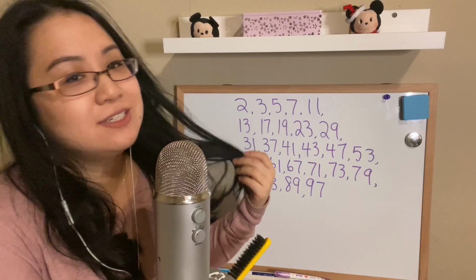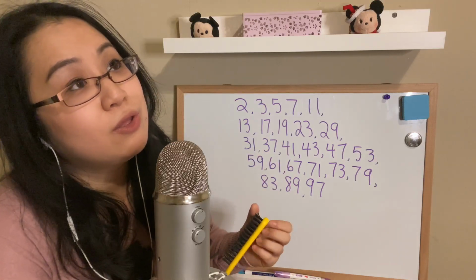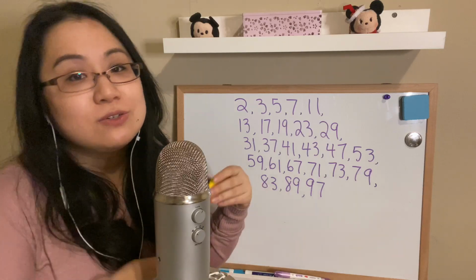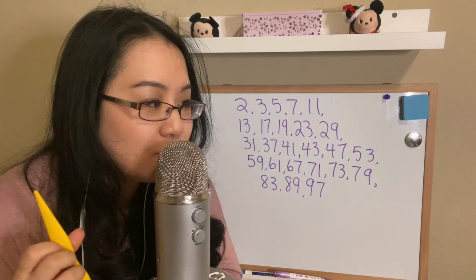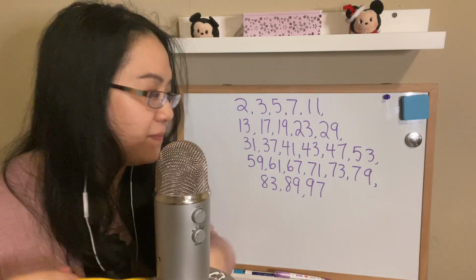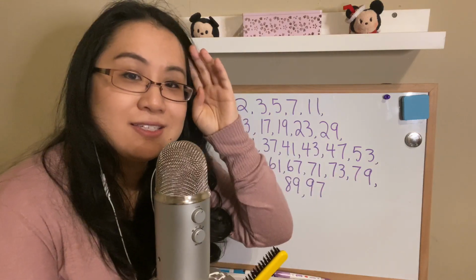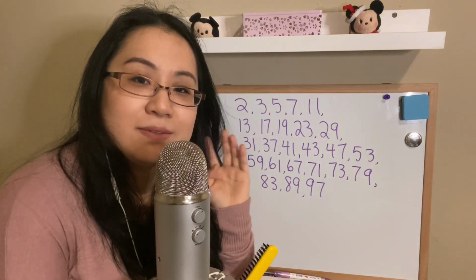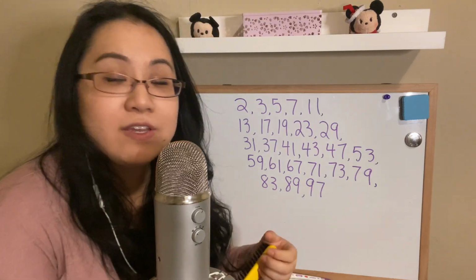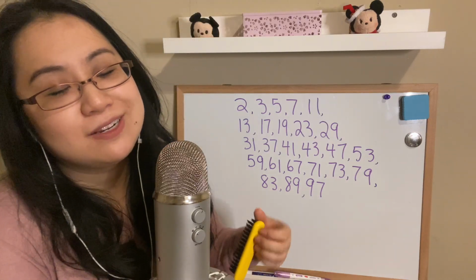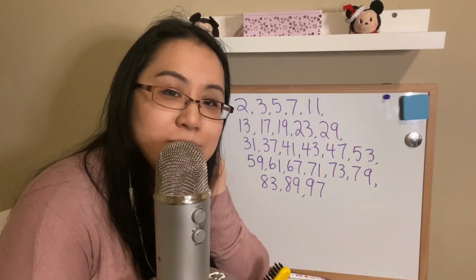78 is 2 times 39, which is 3 times 13, so 2 times 3 times 13. 79 is prime. 80 is 8 times 10, so 2 cubed times 2 times 5, so 2 to the power of 4 times 5, which is 16 times 5, which is 80.